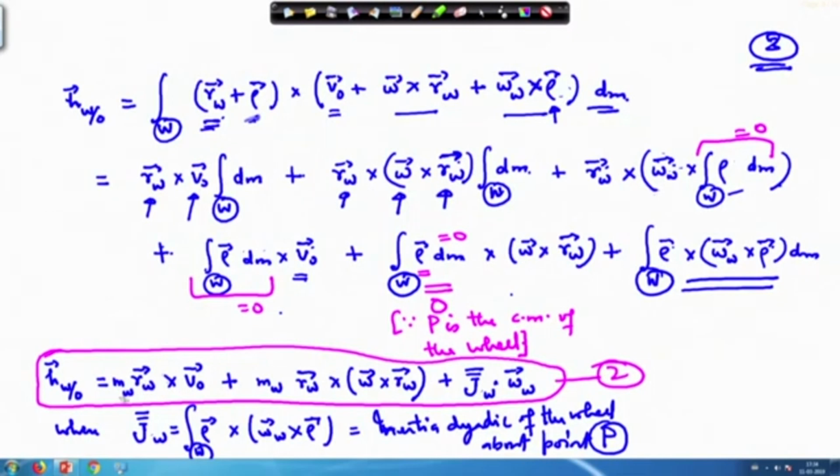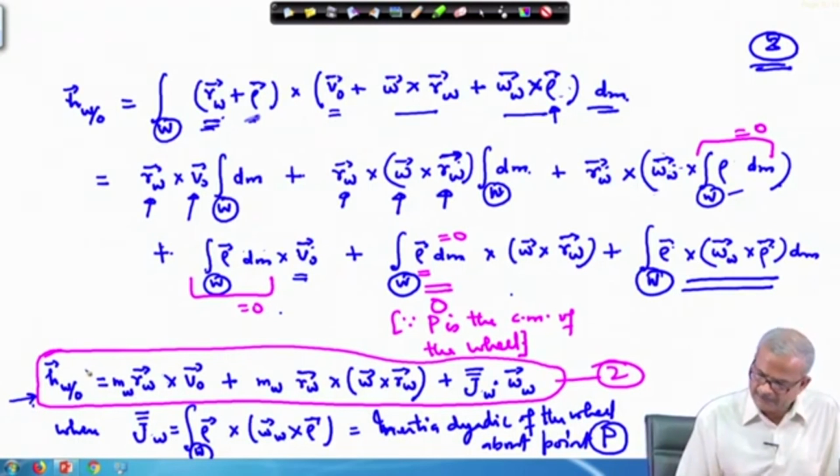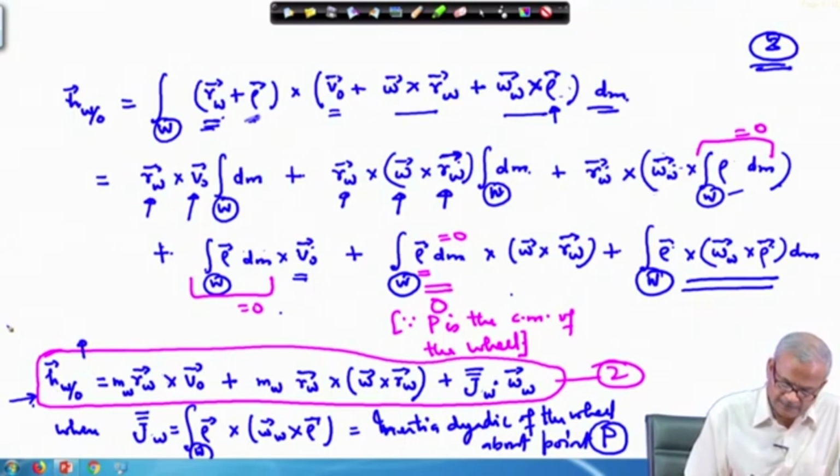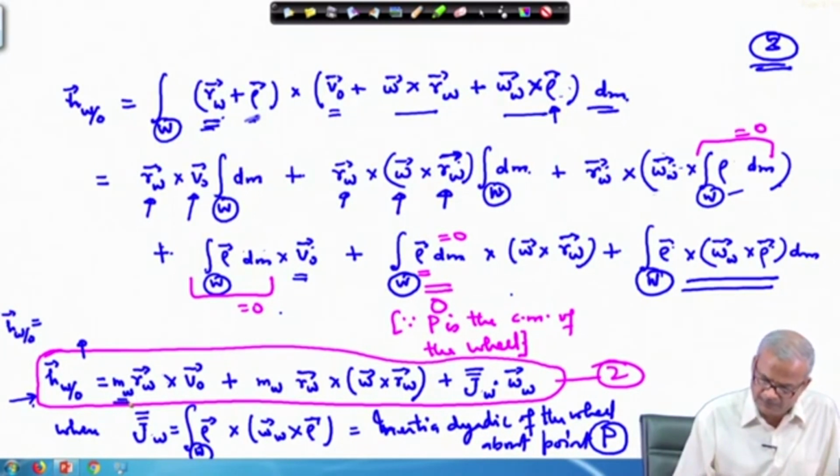Okay. This equation that we have written here, we can refine it a little bit, and this will be required later on. So, we can also rewrite this as H_WO equal to m_W; in these two places they are available, so we can take this as common. So, m_W r_W is also common.